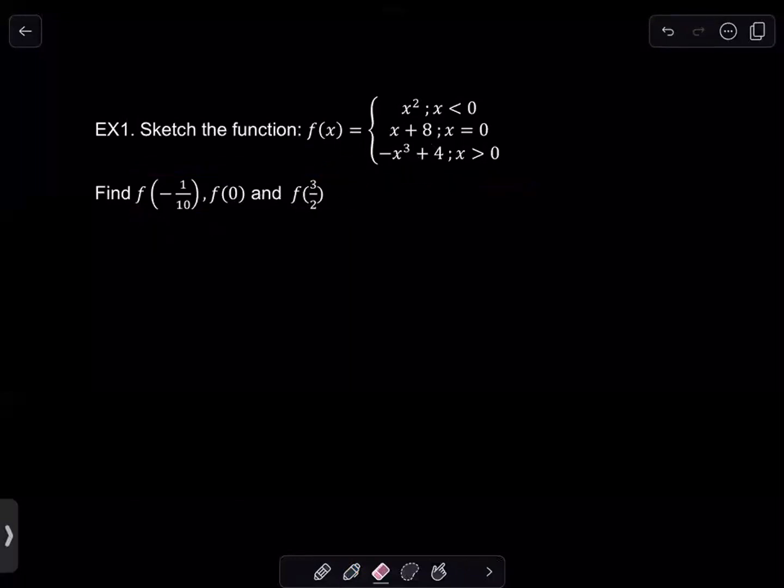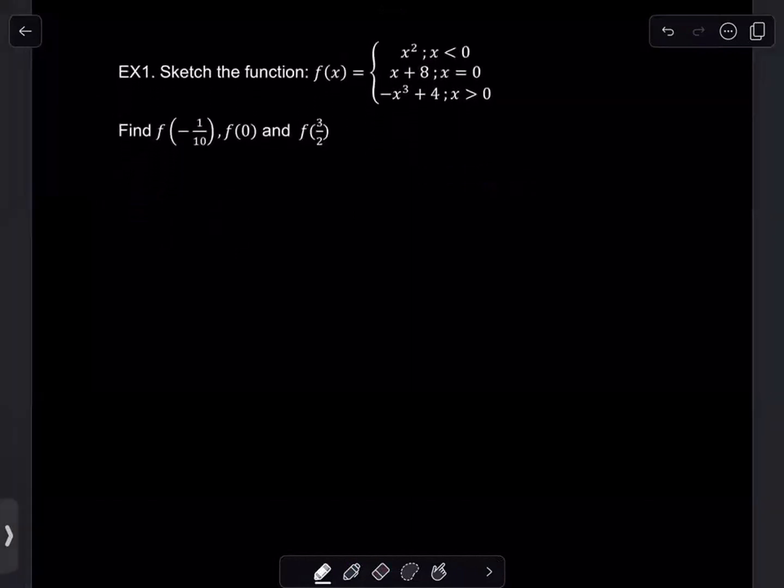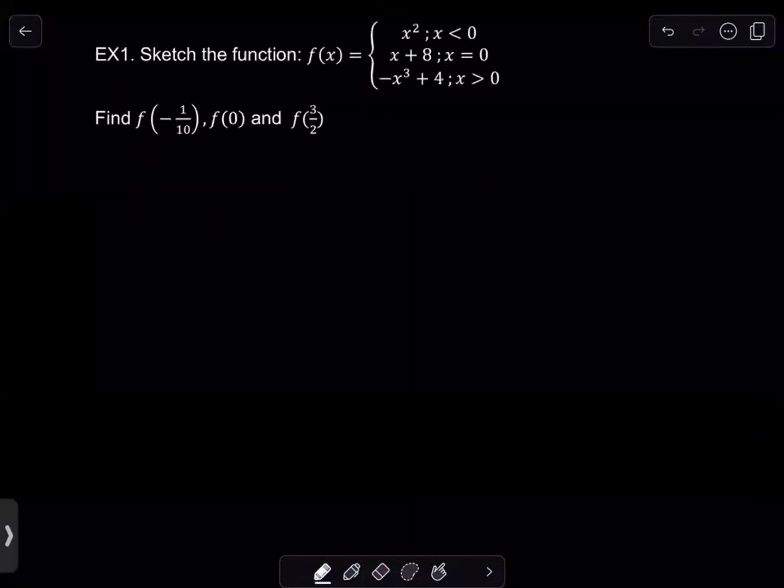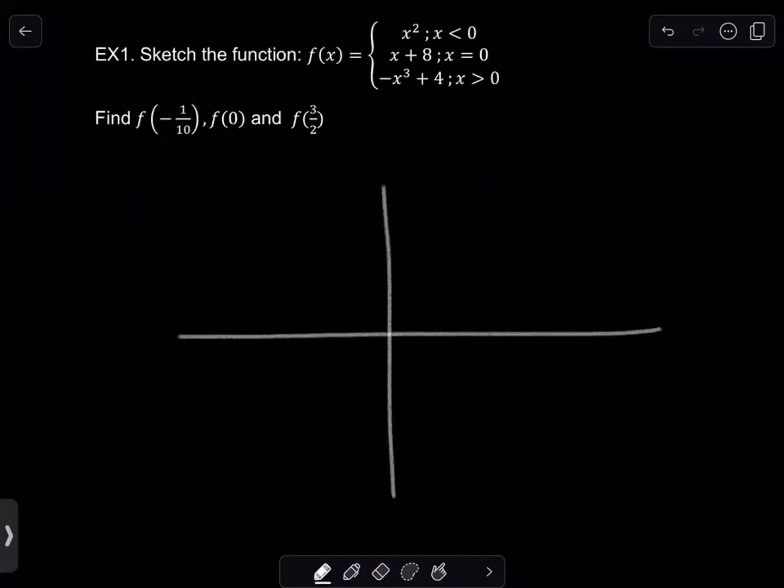Okay, let's go for the solution. So let's sketch the graph first. Let's draw a Cartesian plane here. What we're going to do is identify where our domain breaks. So we have x is less than 0, x is equal to 0, and then x is greater than 0.